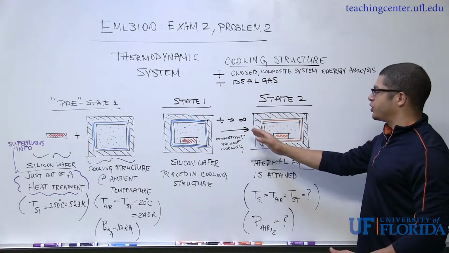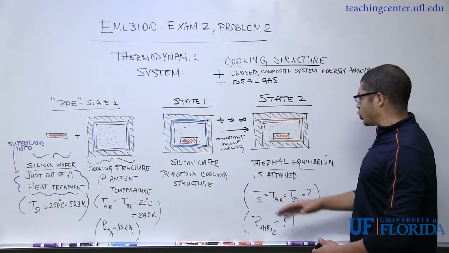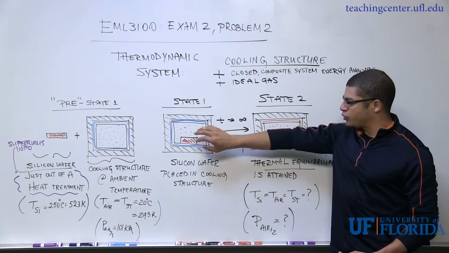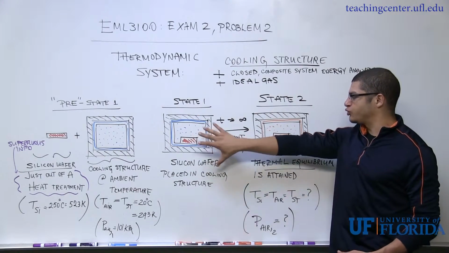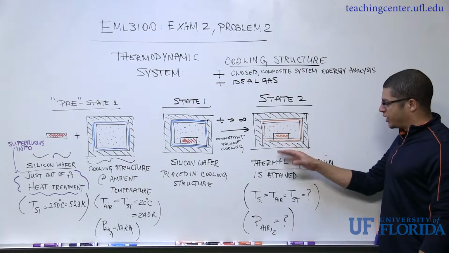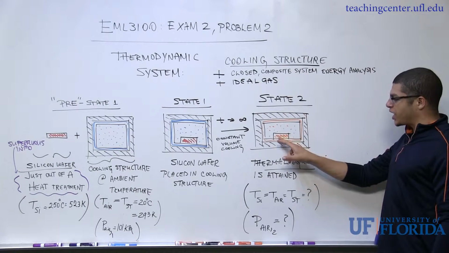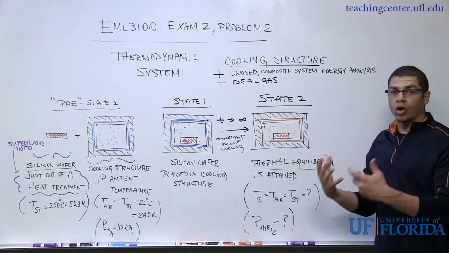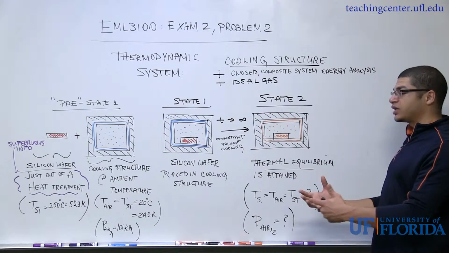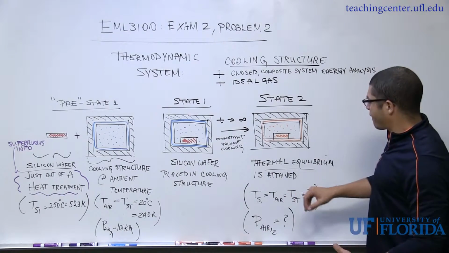Then after some period of time, I have t approaching infinity. It's going to be a very long period of time before everything inside of this cooling structure and the structure itself reaches some kind of thermal equilibrium. And that's why I've drawn everything in orange here. So the structure, the air, and the silicon wafer will all thermally interact until finally there is no temperature gradient spatially or temporally.